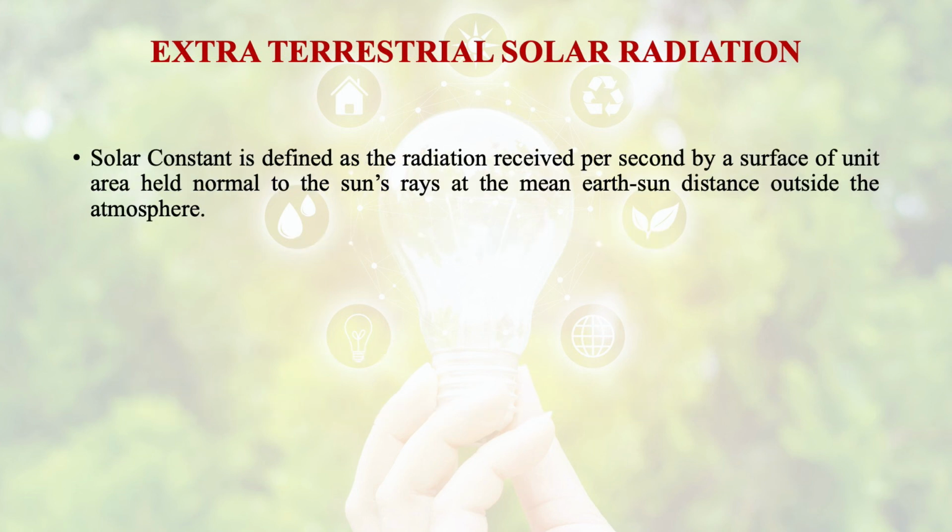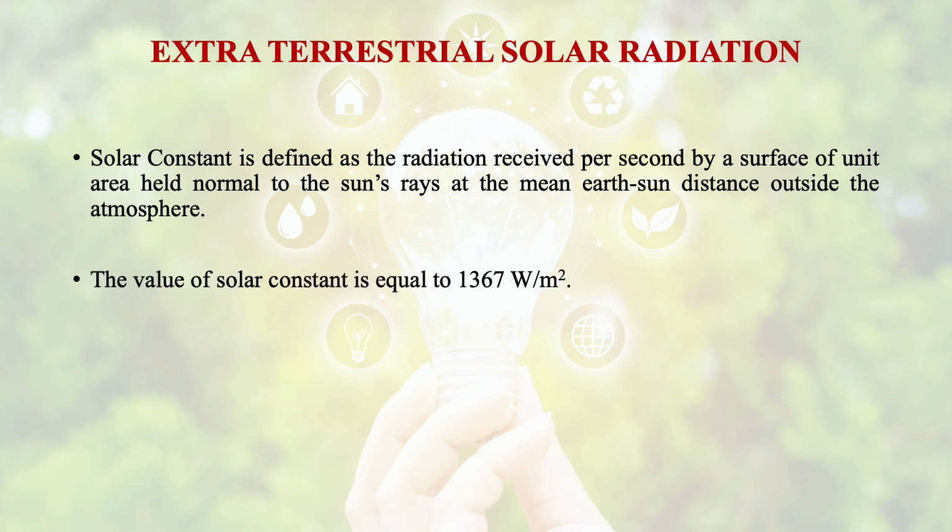Solar constant is defined as the solar radiation received per second by a surface of unit area held normal to the sun's ray at the mean Earth-sun distance outside the atmosphere, and its value we had already told, that is 1367 watt per meter square.